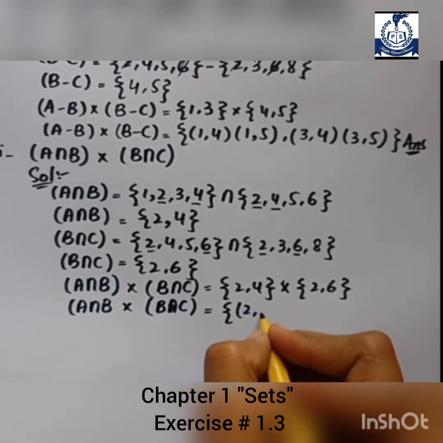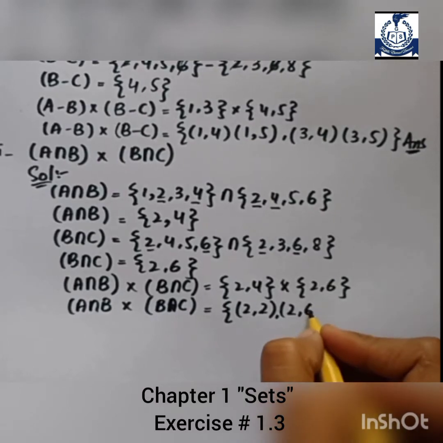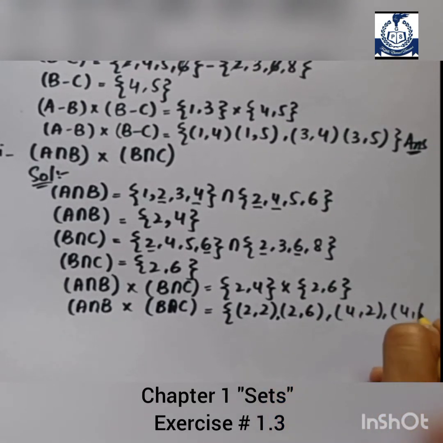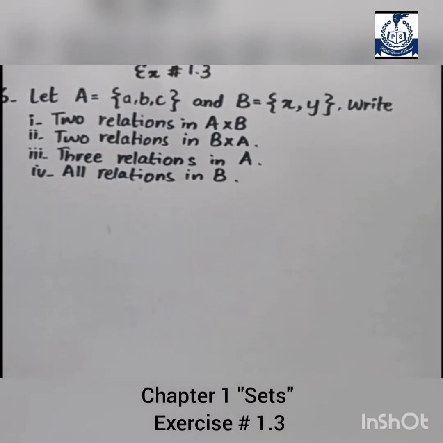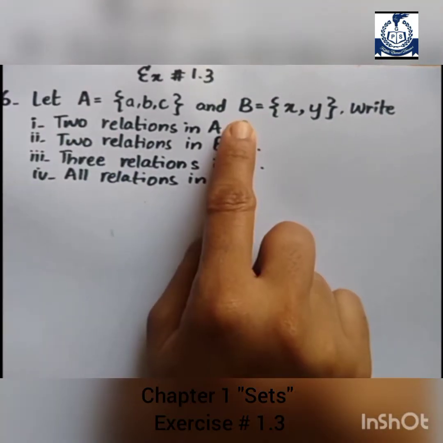So we get (2, 2), (2, 6), (4, 2), (4, 6). This is the answer.